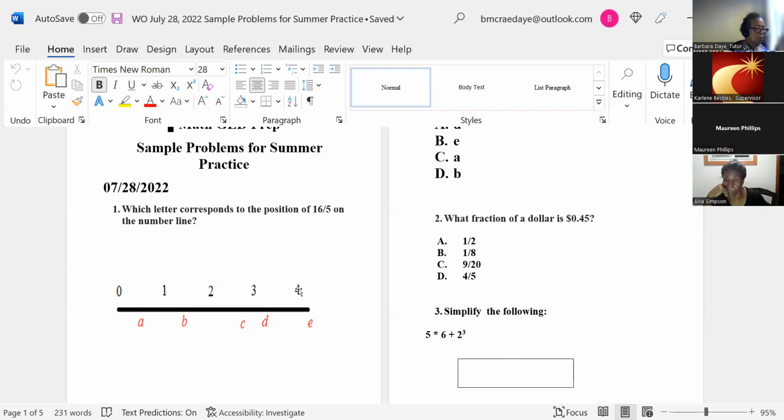What is that equal to, Alba? What's 16 divided by 5? Um, 9 over 20. No, I'm looking at the wrong one. Yes, 16 divided by 5.